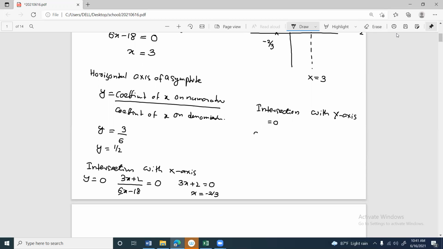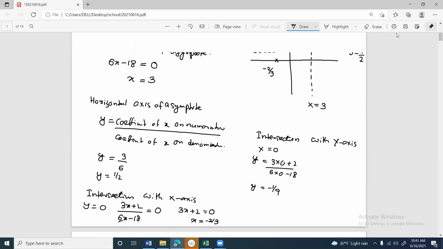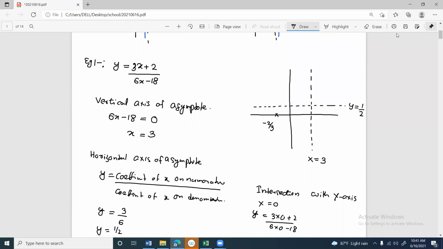I made a mistake there. So y equals (3 times 0 plus 2) divided by (6 times 0 minus 18). That turns out to be y equals minus 1 over 9. Then you can say the graph should travel through these 2 points.